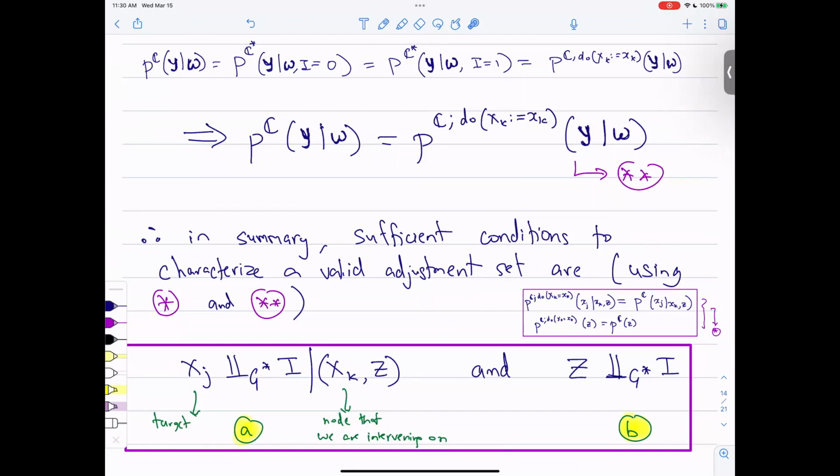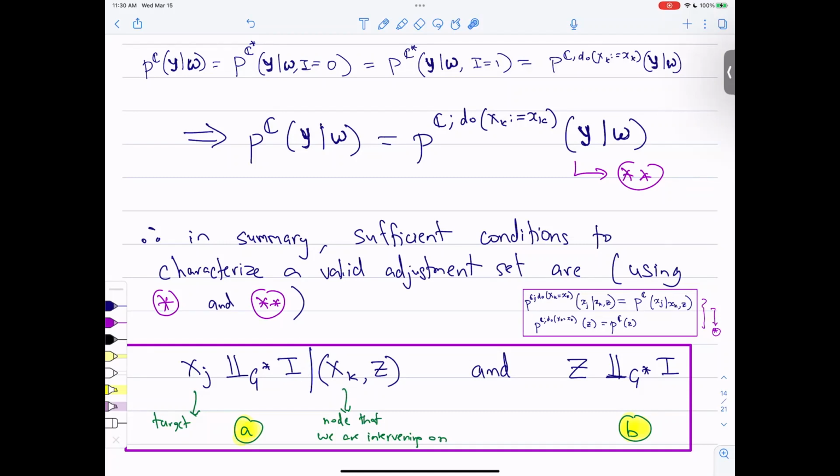So what is the summary of where we are right now? The recipe is the following. Look at where you want to do the intervention. Put in one more fake variable I. Put an arrow to whatever you want. Now look at the structure and forget all the values on it. Now ask for these two properties. Suppose you're intervening on node K. I is a new parent to node K. Node K may have other parents as well; I've just added one new parent.